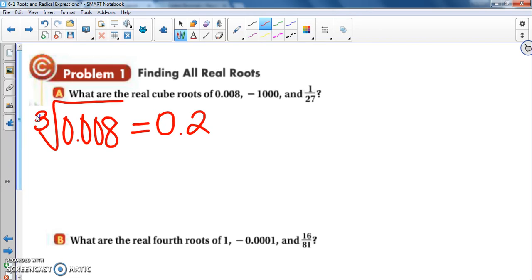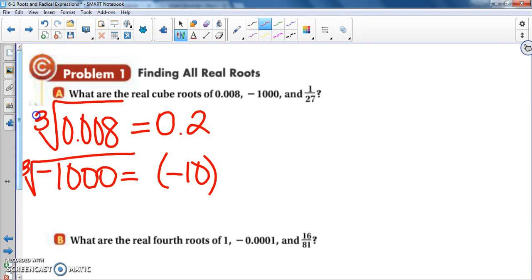Then when we have negative 1,000, what is the cube root of this? What times itself times itself equals negative 1,000? Negative 10 times itself times itself equals negative 1,000.